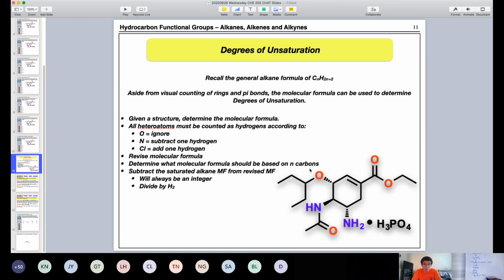So remember what you did by visually looking at the molecule. You counted 3 pi bonds plus 1 ring. So that gets you 4, right? So notice that's what we just calculated.